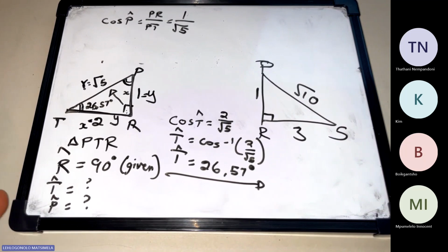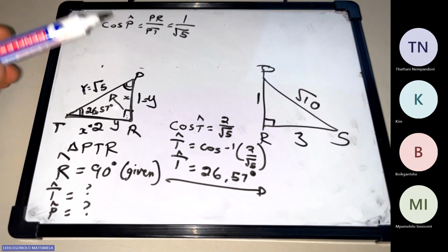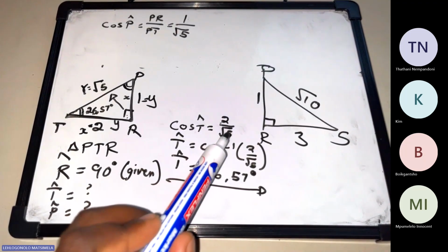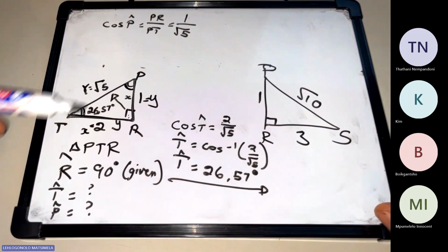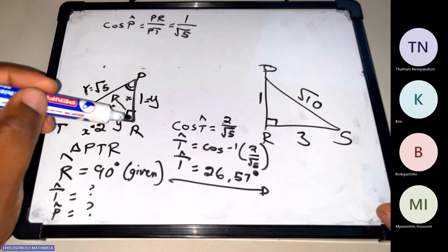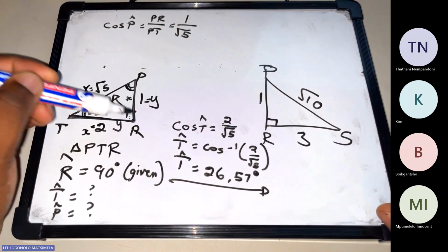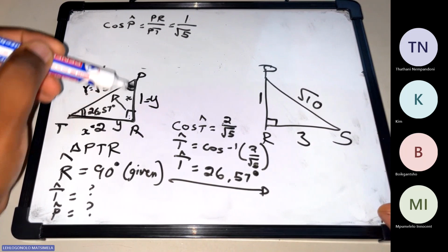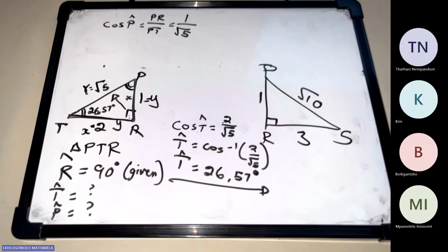Remember, this is not the same as 2 divided by root 5. Don't confuse the two. Now the angle has changed and we are changing the positioning of X. The line drawn from the 90 degree to the angle is X. This is the important part, please, because if we cannot understand this, we will fail to solve.